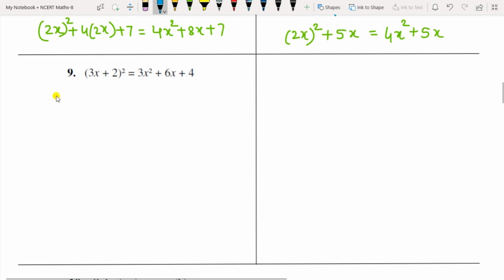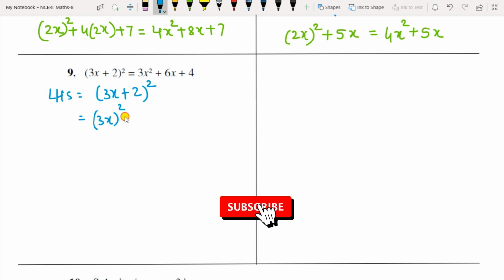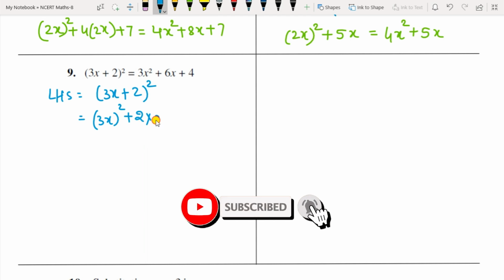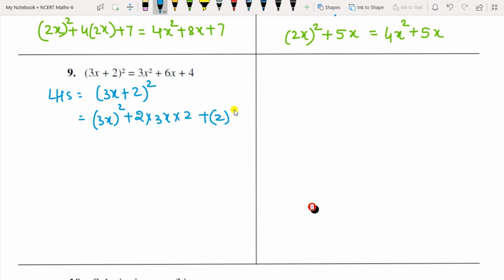This one, LHS is (3x plus 2) the whole square. So that gives you first term square plus 2 into 3x into 2 plus 2 square. That is the expansion of (a plus b) square. It becomes 9x square plus 3 2s are 6, 6 2s are 12, 12x plus 4.